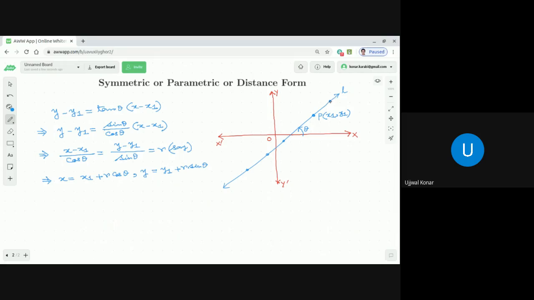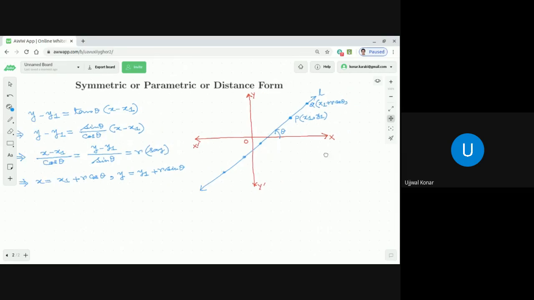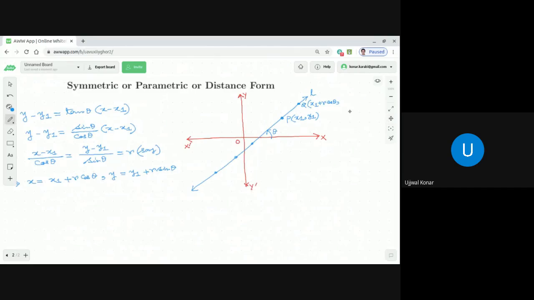Suppose we get a point here, suppose this is a point called Q. What will be its coordinate? The generic one: x1 plus r cos theta, comma, y1 plus r sin theta.